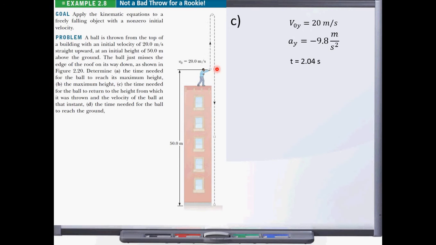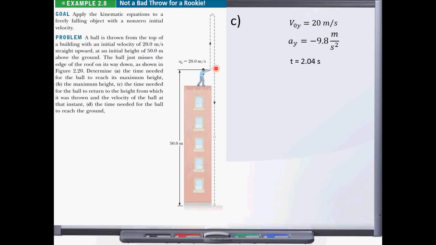This is easy, but it's more logic than equations. Of course you can use equations, but I recommend you use some logic here. When you have problems like this, the time that the object takes to get from here to the maximum point, and from that point again to the same vertical point, is always going to be the same.